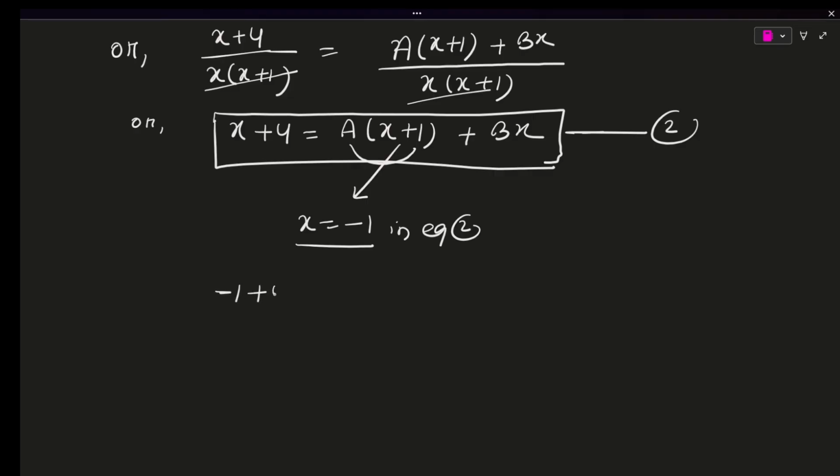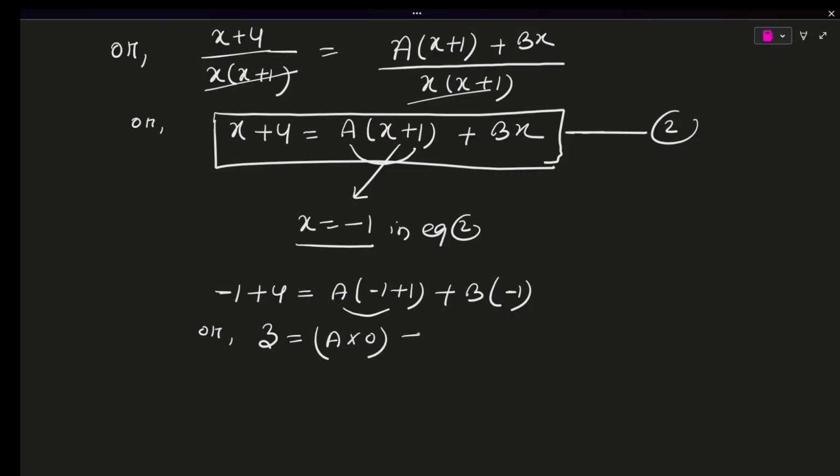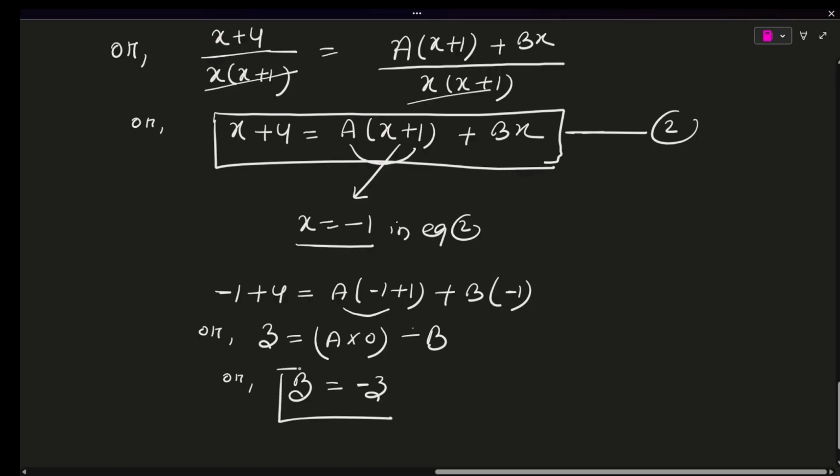Minus 1 plus 4 equals a into minus 1 plus 1 plus b into minus 1, or 3 equals, here the term will be 0, a into 0 minus b, or b equals minus 3. So we have got the value of b as minus 3.